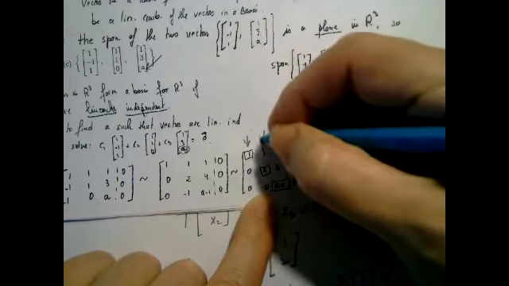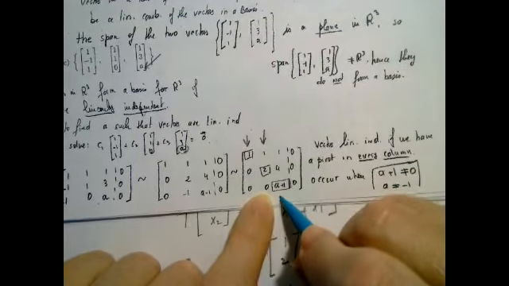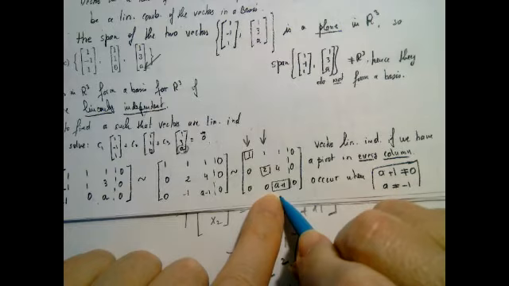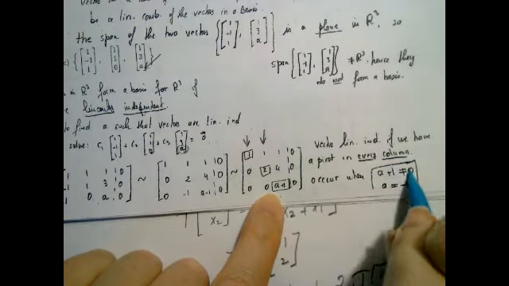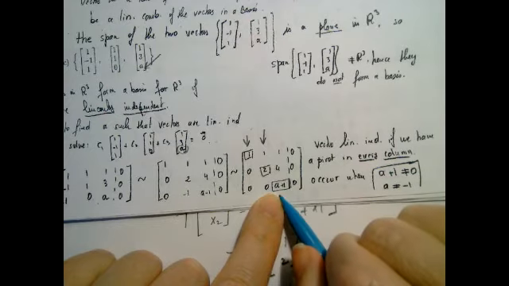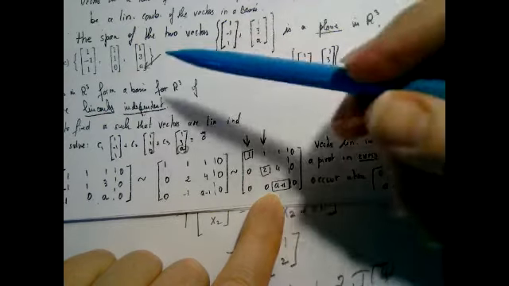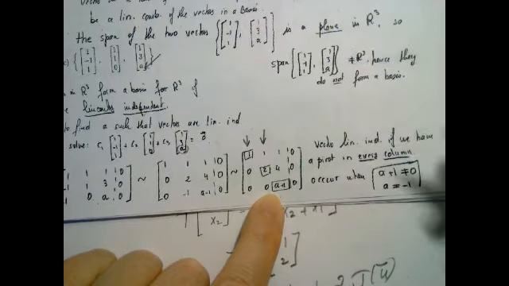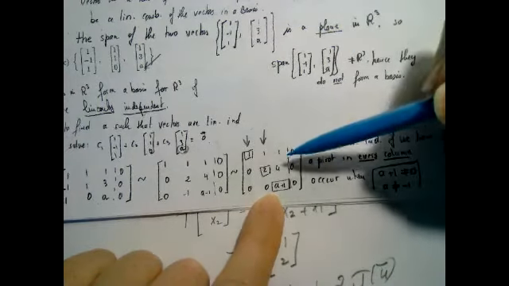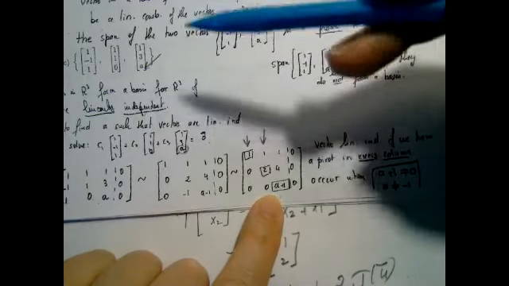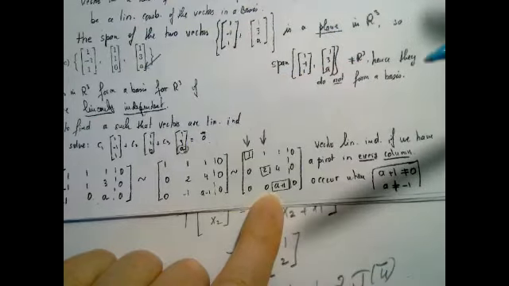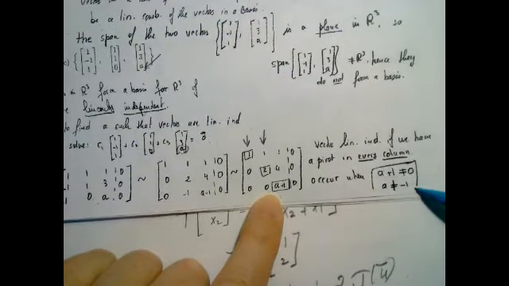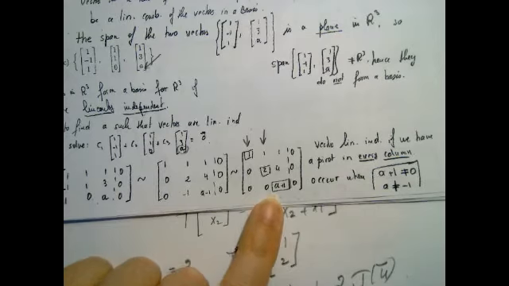But in this problem, I may not have a pivot in every column depending on A. A pivot in every column occurs when A plus 1 is different from 0. So those vectors will form a basis when A is different from -1. They do not form a basis for every A; they form a basis as long as A is different from -1.